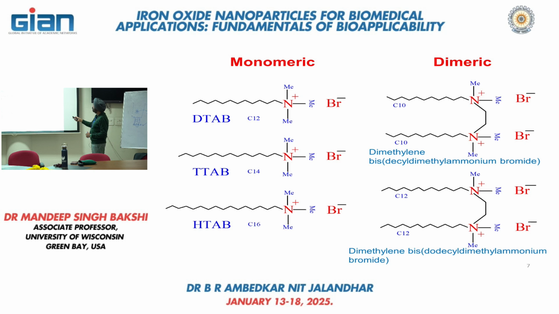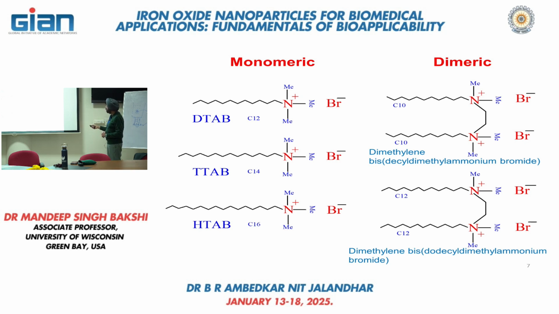Decyl refers to C10. Dimethyl are the methyl functional groups on the positive charged nitrogen. So dimethyl ammonium bromide. So it is bis. It means that there are two functional groups exactly of the same molecular structure. So that is why we are using bis.